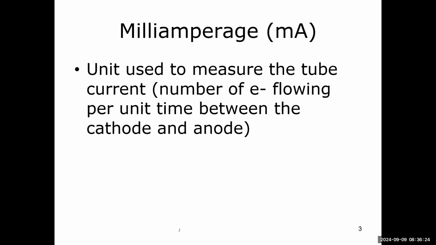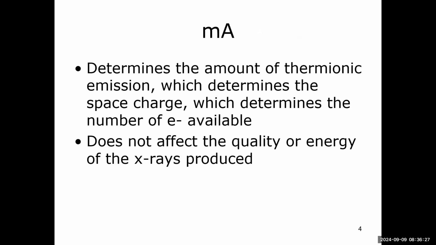It determines the amount of thermionic emission, which determines the space charge, which determines the number of electrons available. So the current is going to affect thermionic emission, which is the boiling off of electrons. I'm going to keep repeating these terms so that hopefully we're reinforcing them.